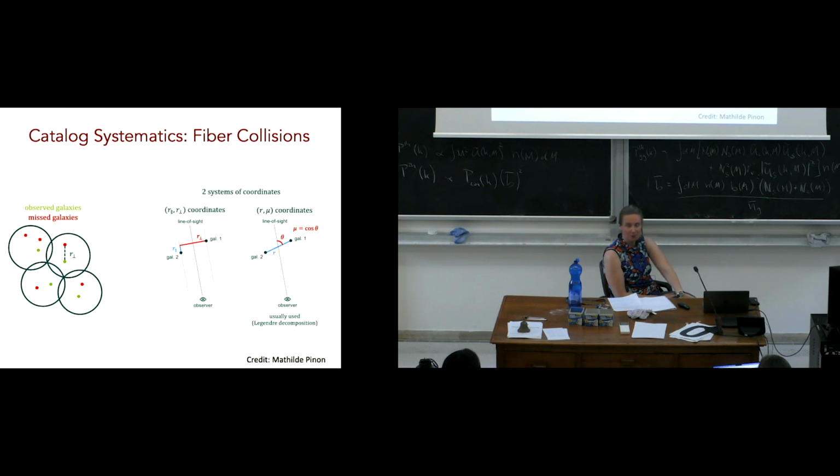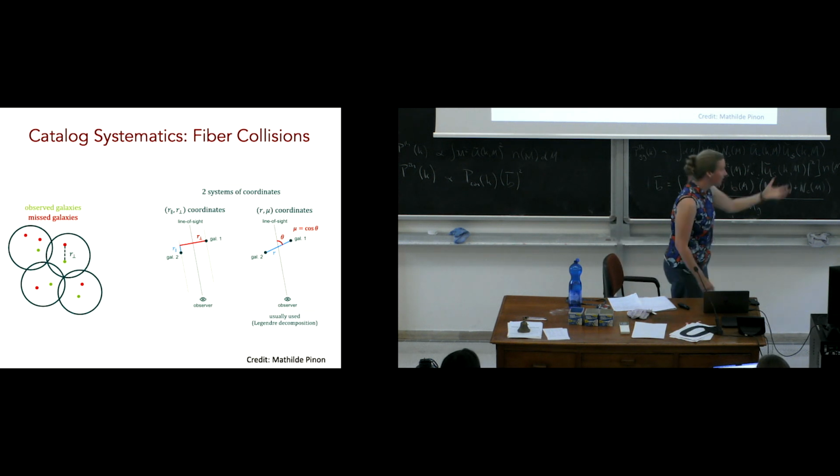So we will need multiple passes to get galaxies that are within the patrol radius of one fiber. And that means that we will miss several galaxies and miss galaxy pairs that correspond to small perpendicular projected radii.